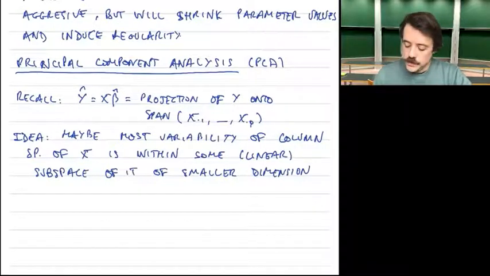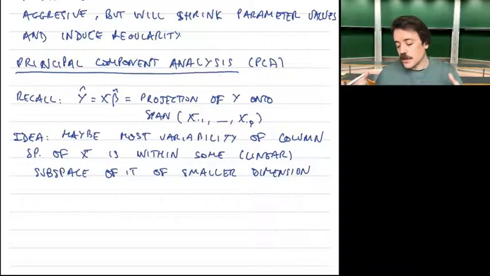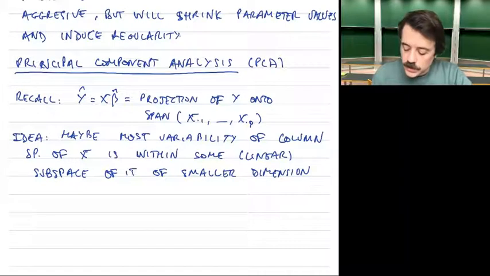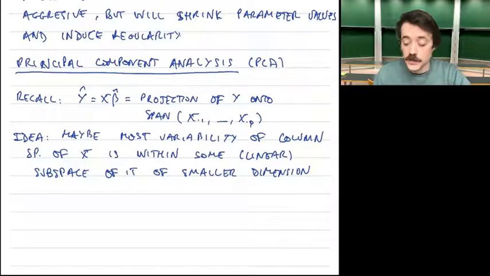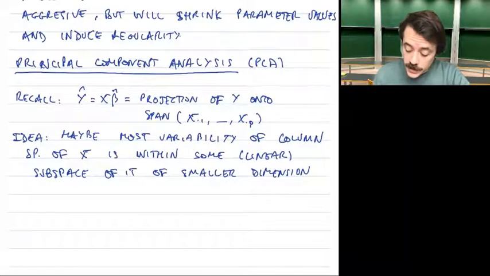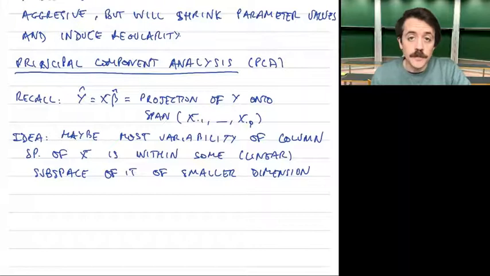So the idea is to say, well, let's find this subspace in which most of the variability of the column space of X is contained, and let's then project Y onto here. And if the variability of Y is actually aligned in some way with the variability of the column space, then that should be enough to explain most of Y.